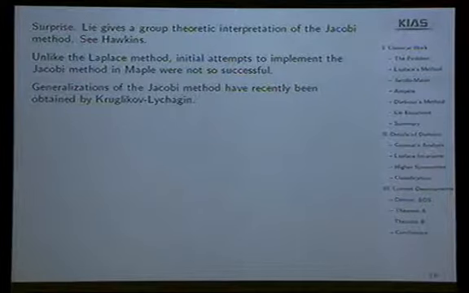There's a series of beautiful papers by Kruglikov and Lychagin generalizing this Jacobi method. It's called the multi-bracket formalism. They have a very general method of determining when an arbitrary given system of equations has some other equations which are compatible with it.